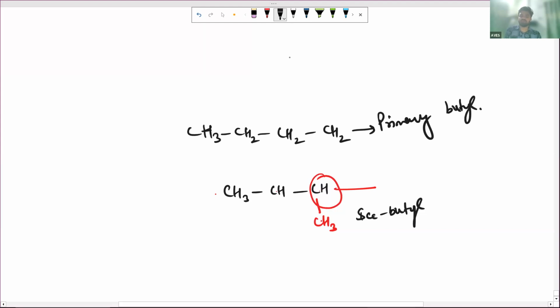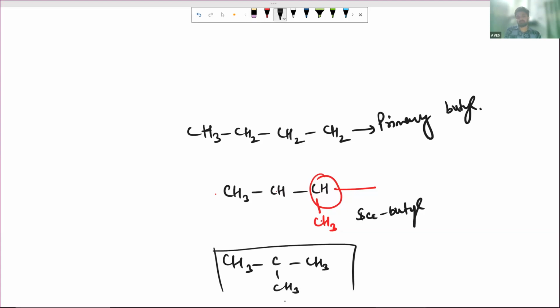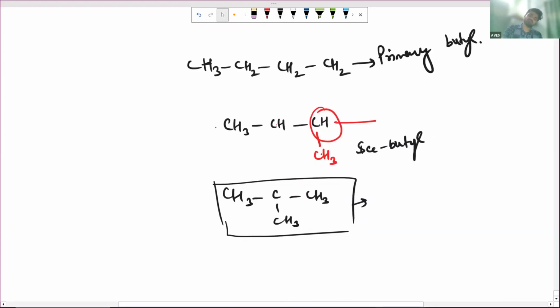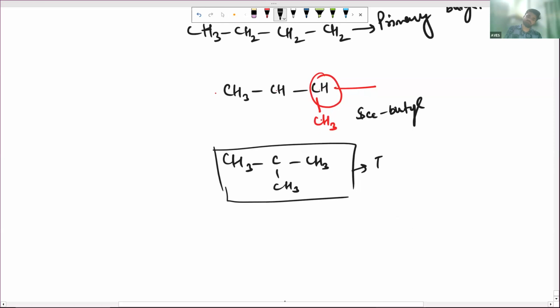And what is tertiary butyl? CH3, C. Got it? This is tertiary butyl.